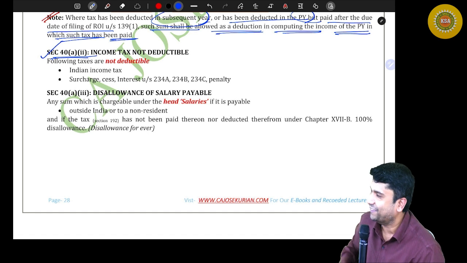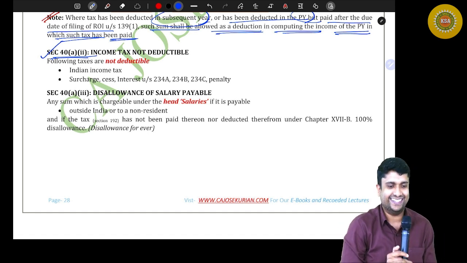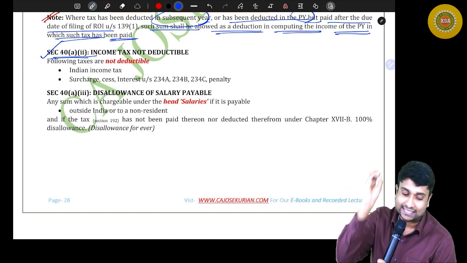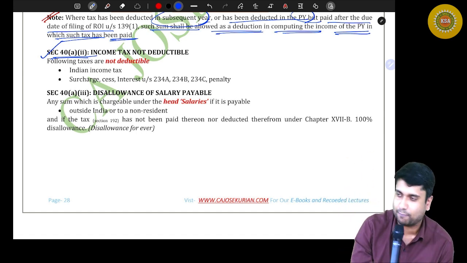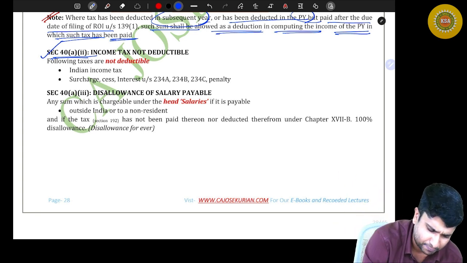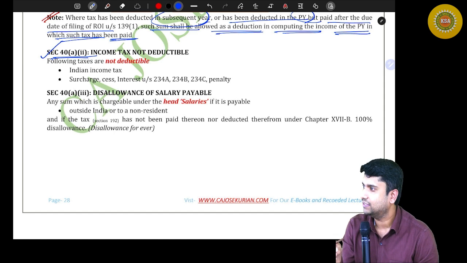So, listen, friends. Section 40, clause A, subclause 2: income tax not deductible. Very simple. The income tax that you pay, can you claim it as an expenditure? No, it's your obligation.